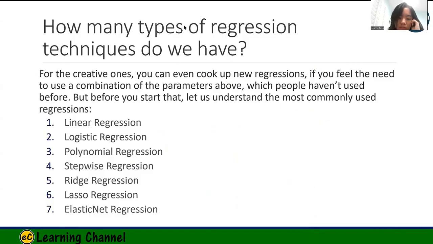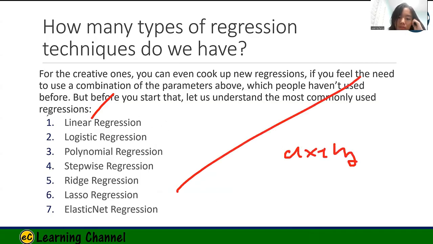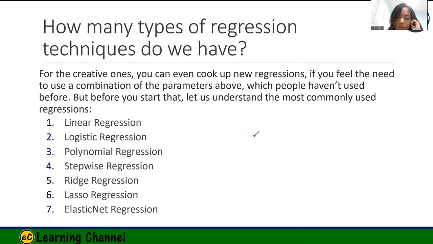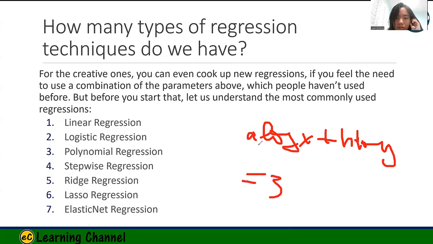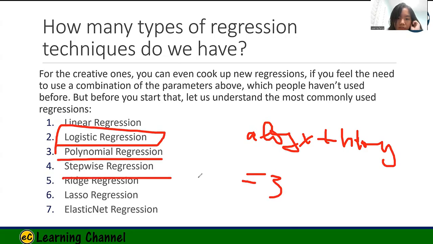And then we have linear regression, because if the line is AX plus BY, we call it linear regression. We may have logistic regression if it is A log X plus B log Y equals 3. This is called logistic. And you may have polynomial, maybe a stable function.